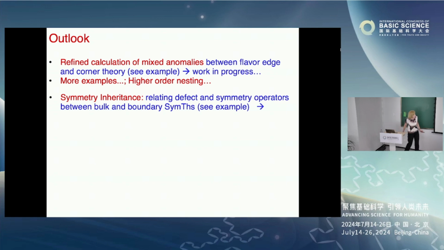I would maybe like to highlight one thing that we are also pointing out: this certain symmetry inheritance that we obtain from bulk symmetry theories and what happens due to boundary conditions as we go to the boundary field theory symmetry theories.